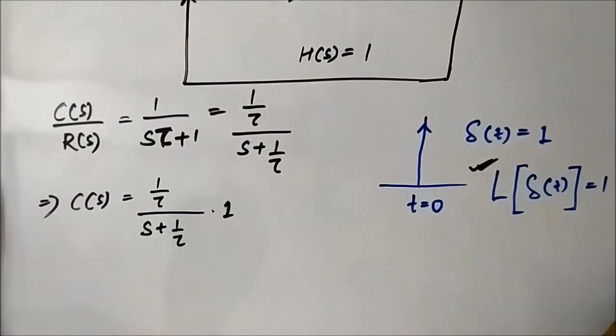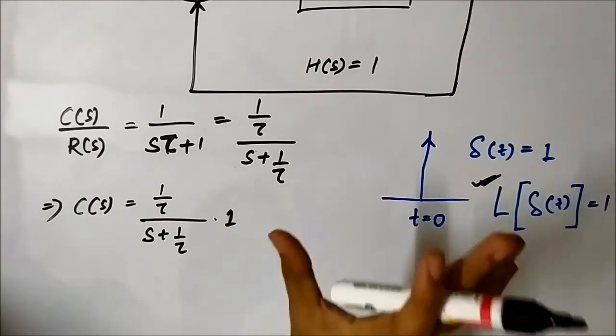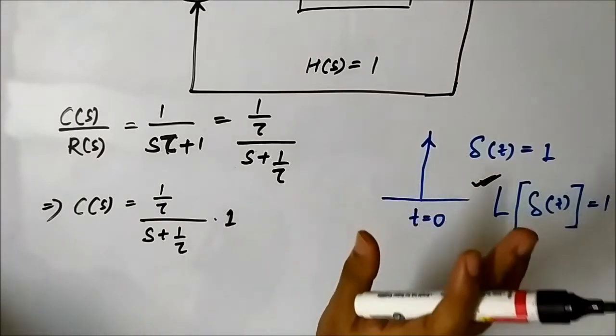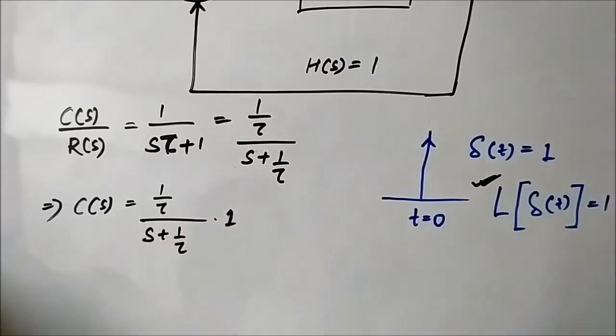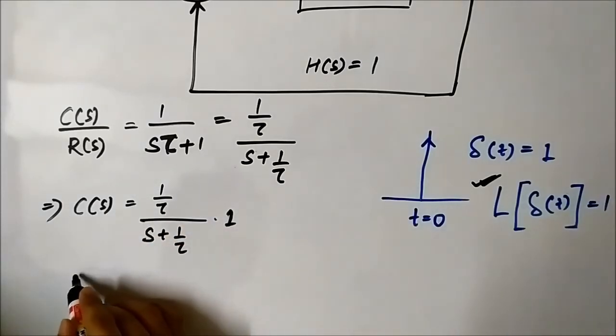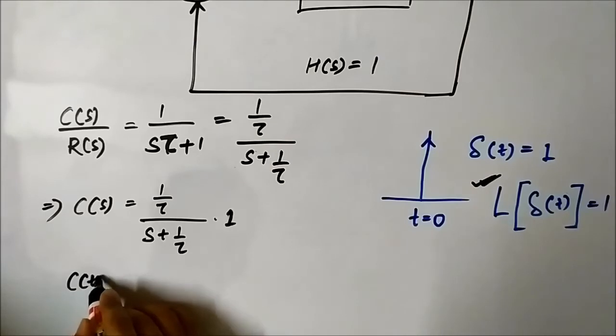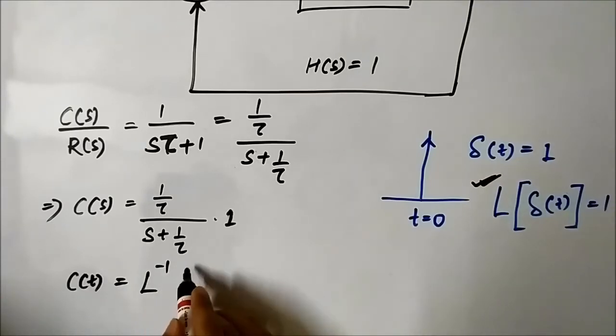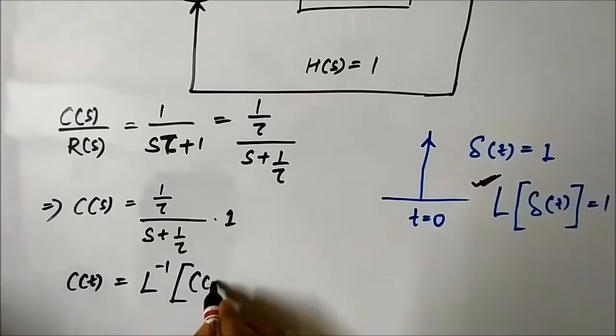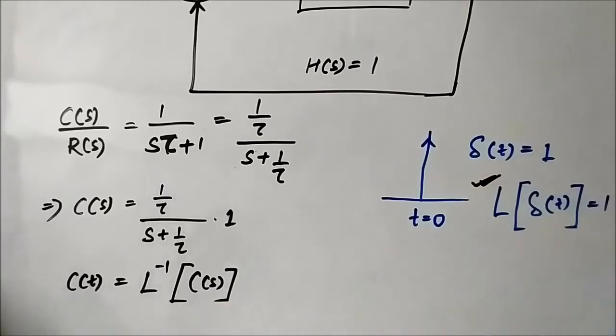Now this is the representation of the output response for a first order system to unit impulse input. This is the S domain representation, but we need the time domain representation. So what we'll do, we'll take the Laplace inverse of the S domain representation.